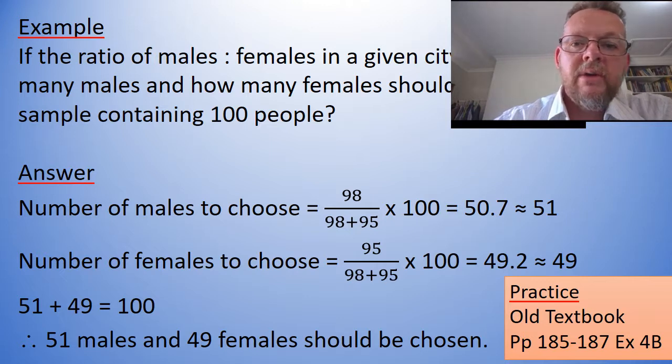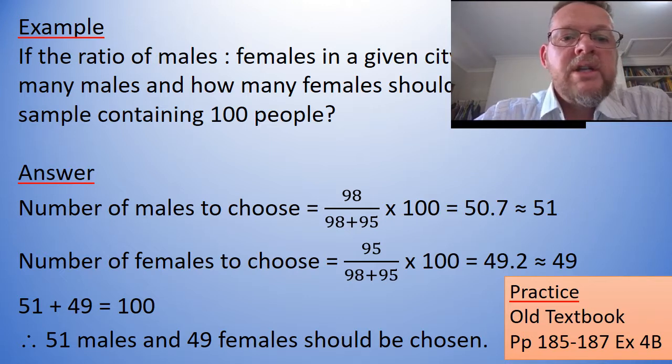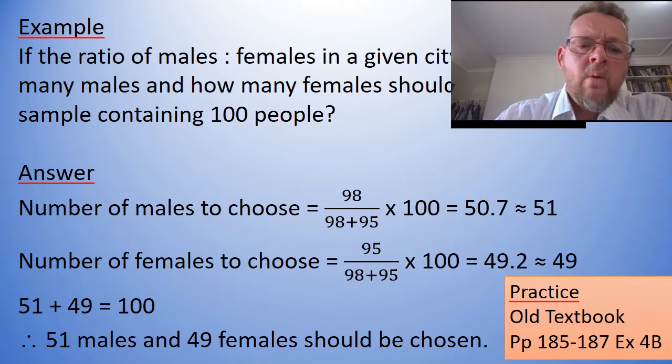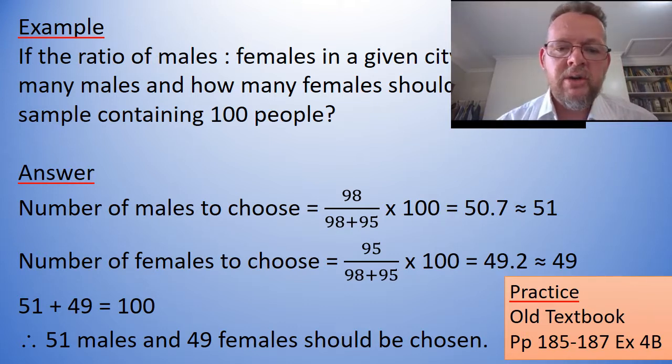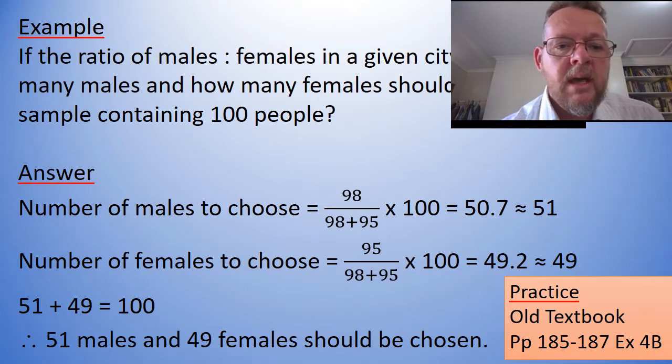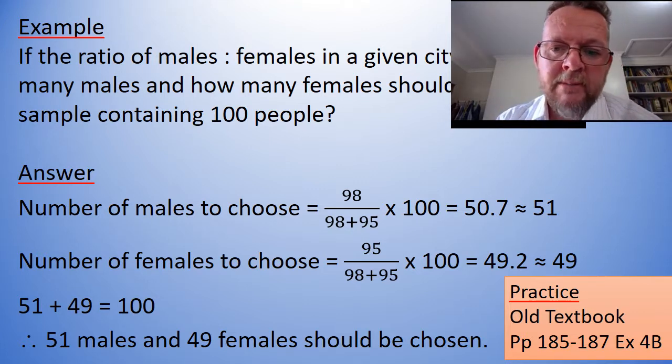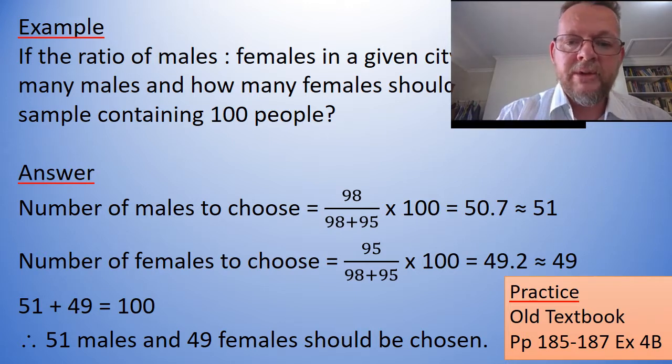If we have a look at another example, in the ratio of males to females in a given city, how many males and how many females should be selected for a sample containing 800 people? Well, let's consider the strategy to use. The strategy should be a proportional one, so that's a stratified one. So we think of the total.